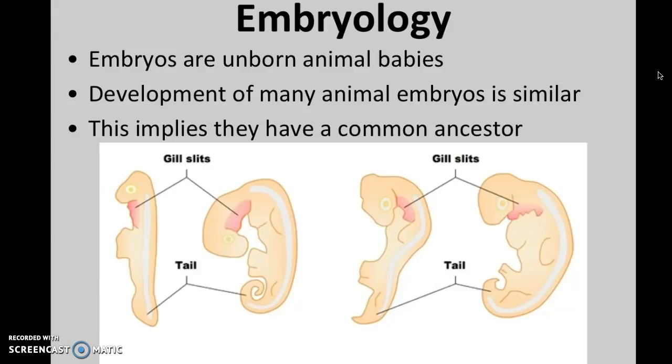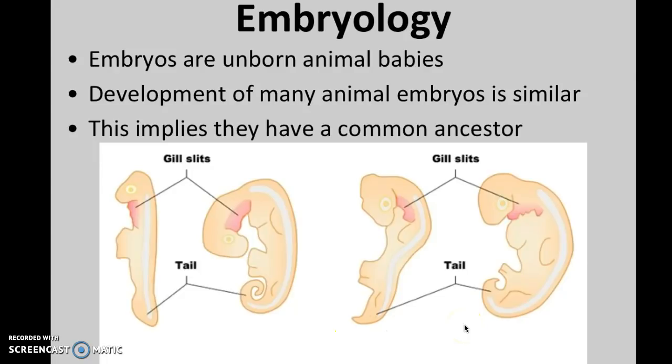As you can see in this picture, these are 4 different types of organisms here, but this is all in their embryonic stage when they're in the very, very beginning stages of life, and they have a lot of similarities. Each one of these organisms has something called gill slits so that they can essentially breathe in their mother's womb, which is full of fluid, and they also, each one of these, have a tail.